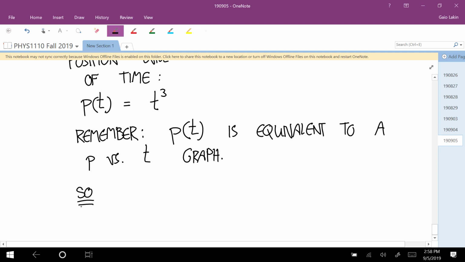So if you know position as a function of time, like we do in this case, position as a function of time is time cubed.